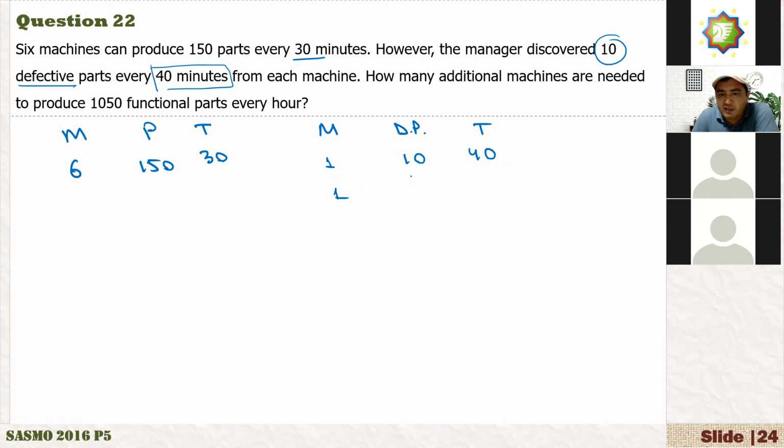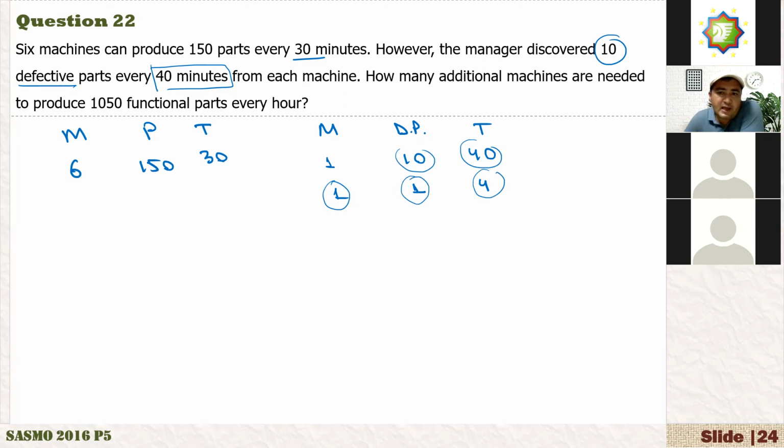If you divide both numbers by 10, here I have 1, here we have 4. That means that one machine in 4 minutes produces one defective part.